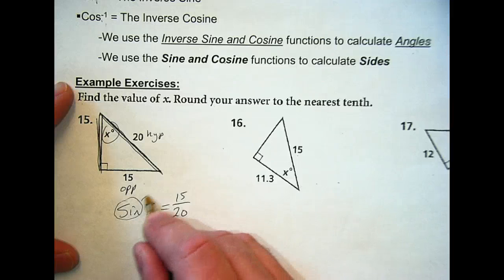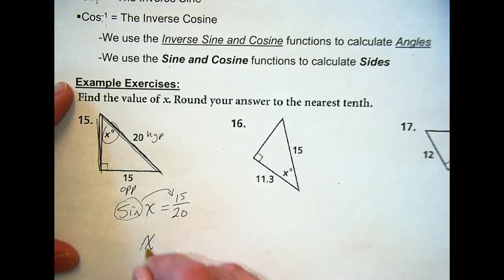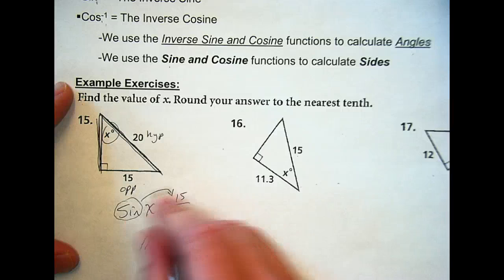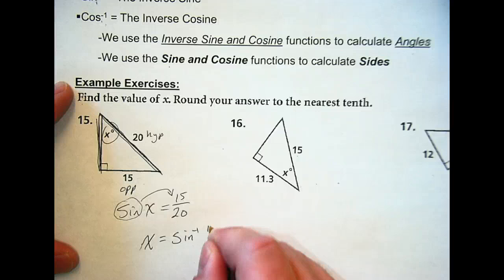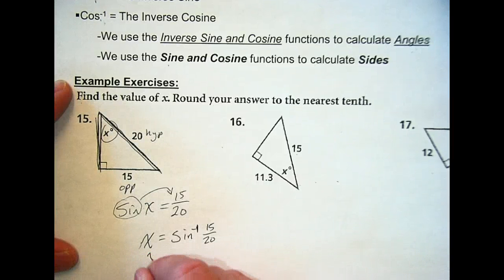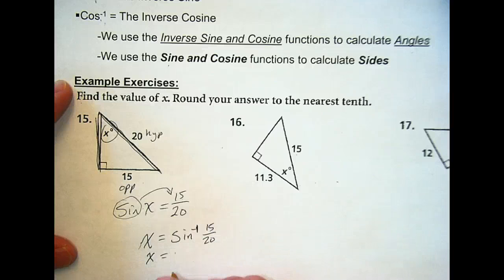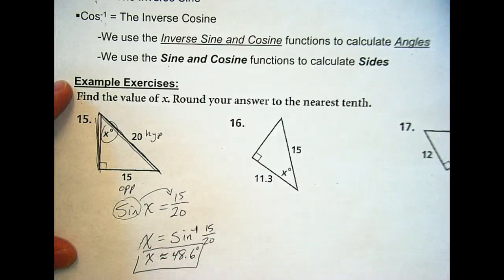We can move that over, kind of relating it to your prior knowledge. Mathematically, this isn't how it actually works. If you move that over, you're saying x is equal to, when you move the sine over, it becomes the inverse of sine. The inverse sine of that 15/20. So the inverse sine of 15/20 is? What is it? 48.6 degrees. Good. So that's rounded to the nearest tenth there.